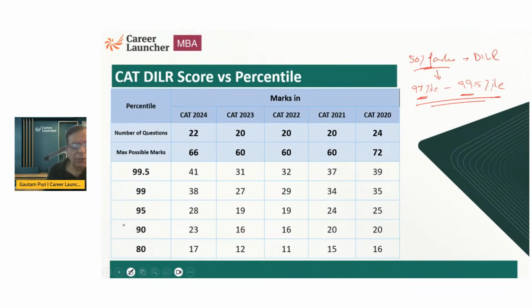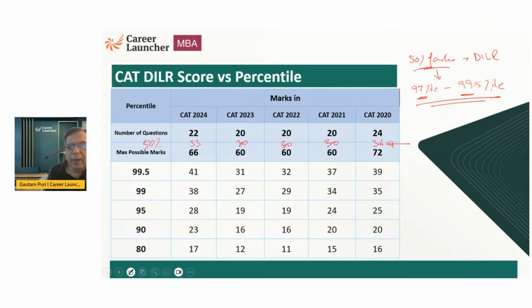So if you look at the last 5 years' papers of CAT, the marks are given here. So let's put the 50% marks. What are the 50% marks? It is 33, 30, in 23 it's 30, 30, and in CAT 2020 it will be 36. So where would you land if you had these marks in each of these papers?